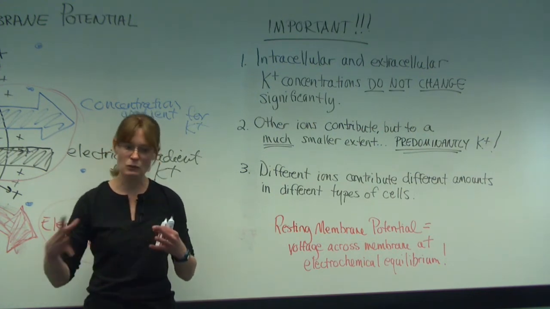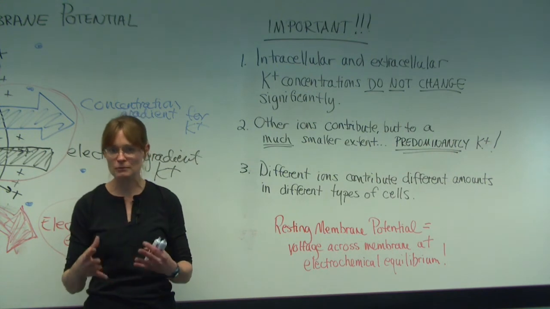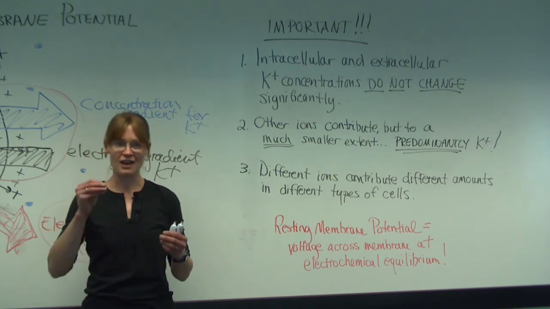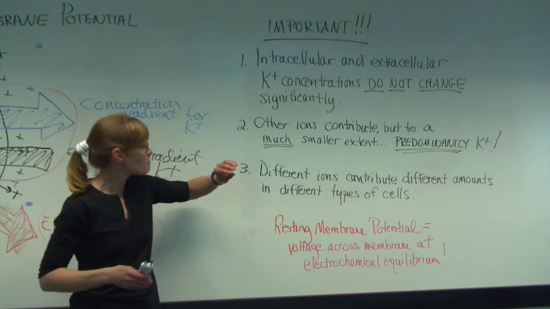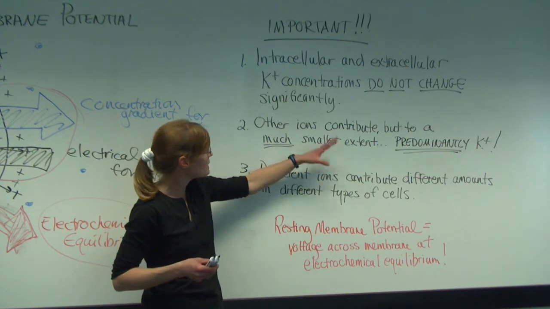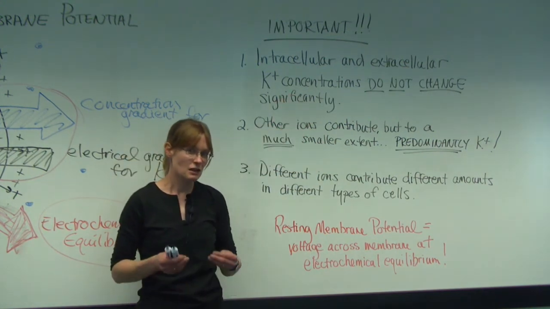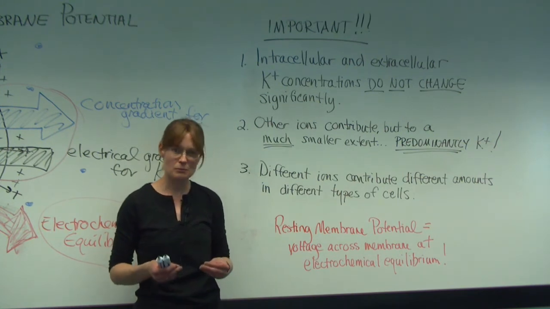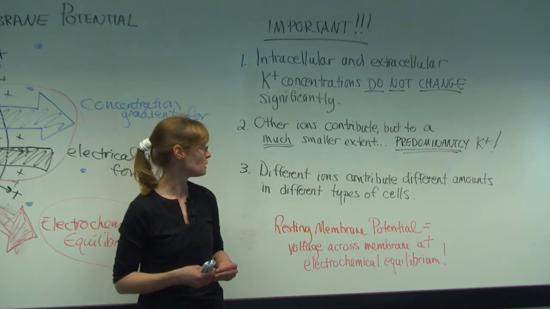And if those ions can't move across their concentration gradient, they're not really going to contribute to the development of that electrical gradient. So they don't really play a role. So predominantly, it is all about the potassium. Okay? Sodium, again, it contributes a little bit, but at rest, even though there's sodium channels in the membrane, most of them are closed. So sodium really isn't going to contribute much.